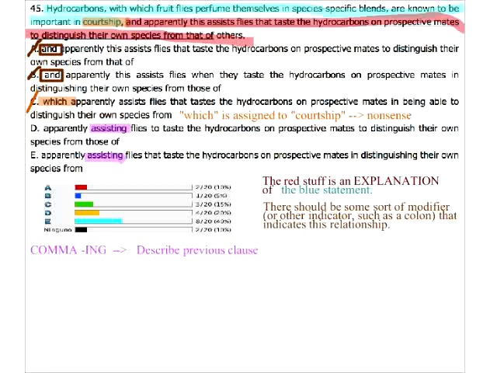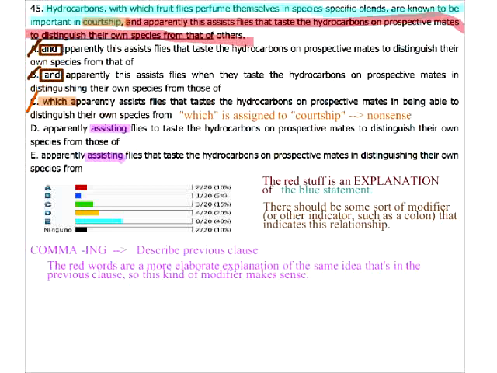The red words are a more elaborate explanation of the same idea that's in the previous clause. So this kind of modifier makes sense. And it's a good thing it does, because the other two kinds of modifiers make no sense. Okay.